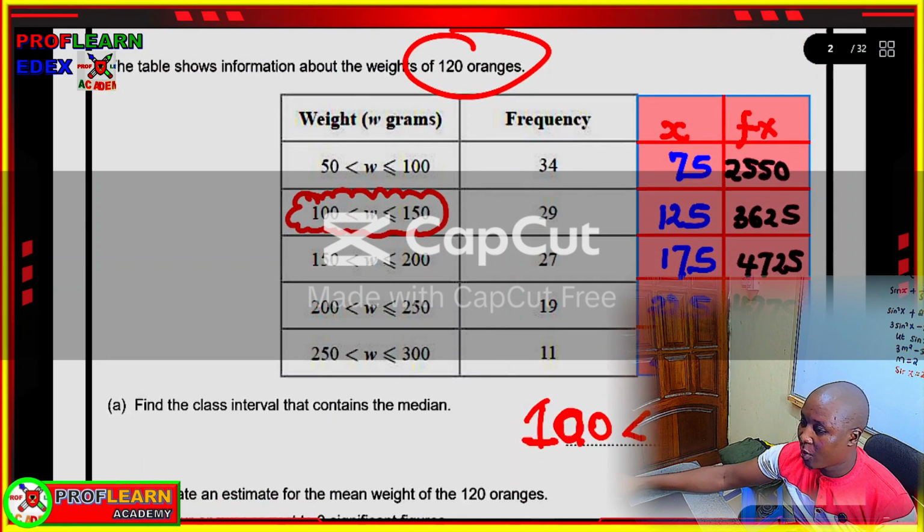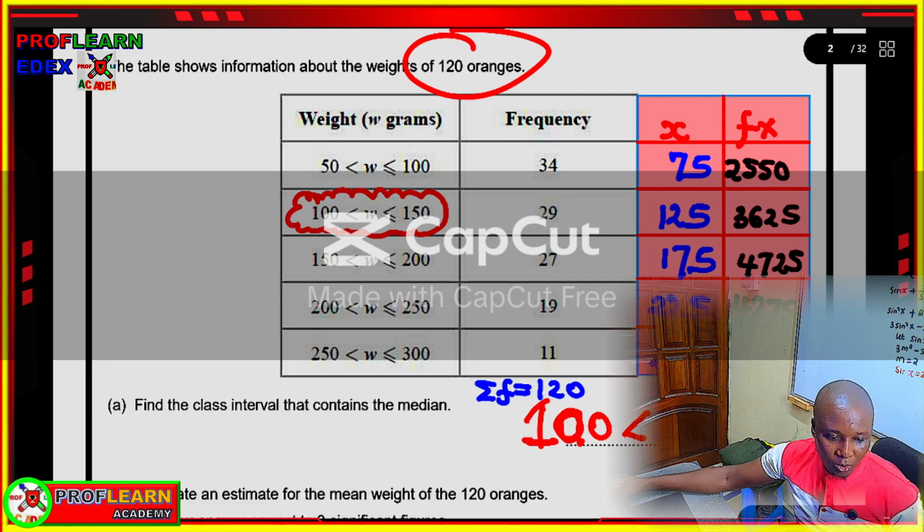So that we can be able to move together, summation of f is equal to 120. Then summation of fx, if we add everything that we have here, what are we going to get?